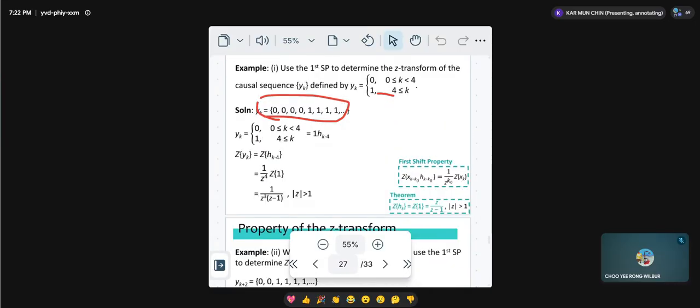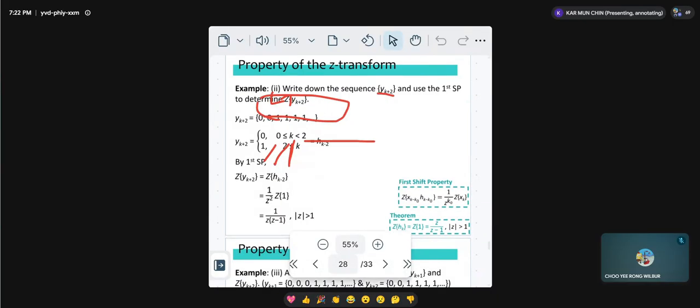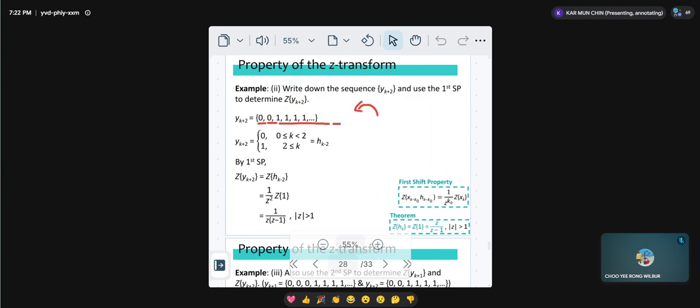So the shift is 2 to the left, meaning that they are bringing from here. So the sequence is 0, 0 followed by 1, 1, because they shift everything to the left.